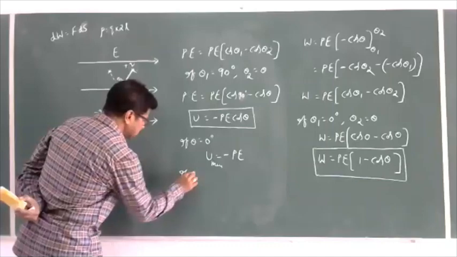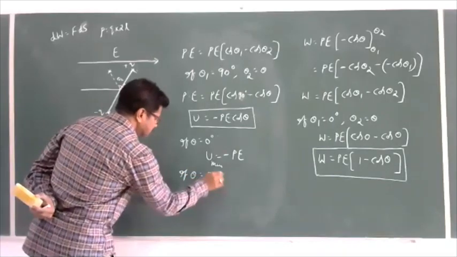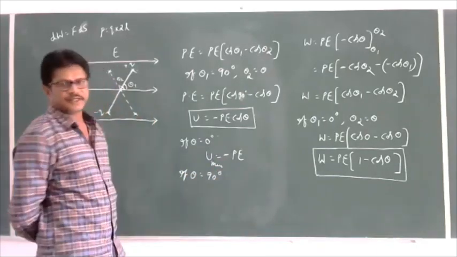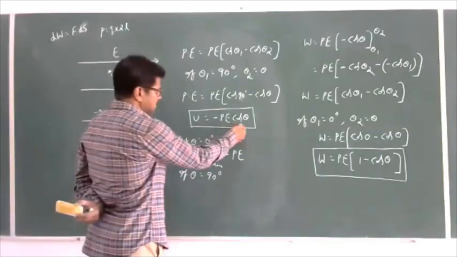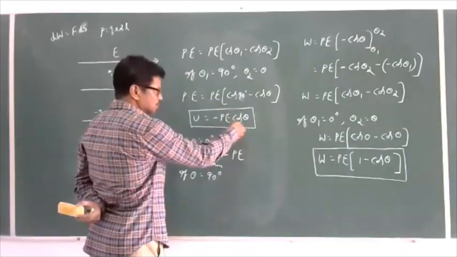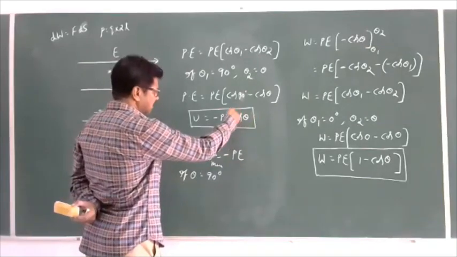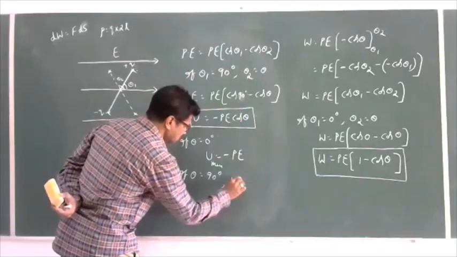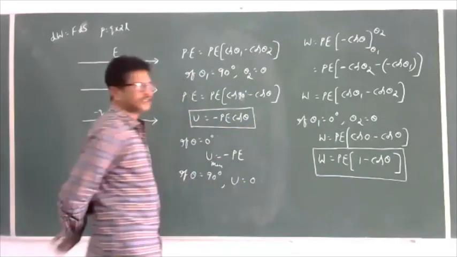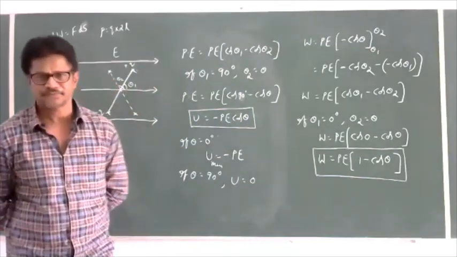If theta is equal to 90 degrees, then cos 90 is equal to 0. Since cos 90 is equal to 0, the potential energy will be 0. So this is the condition for the zero potential energy.